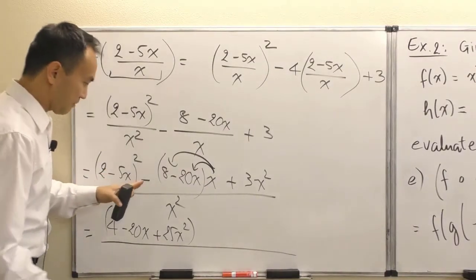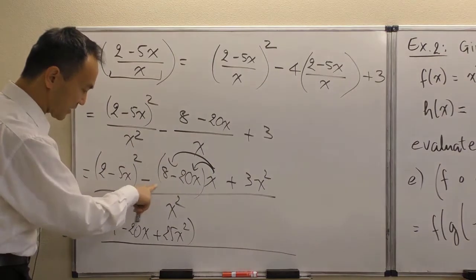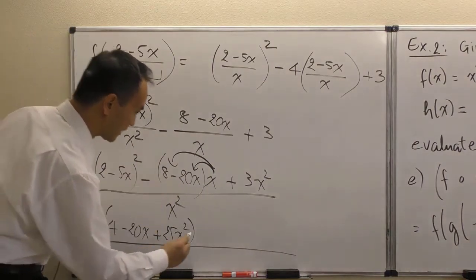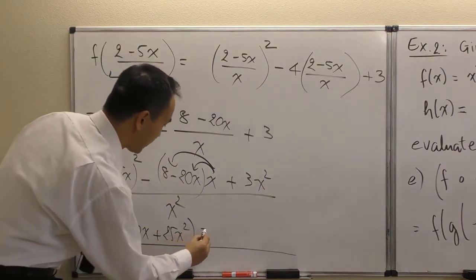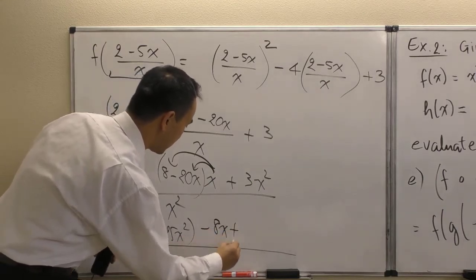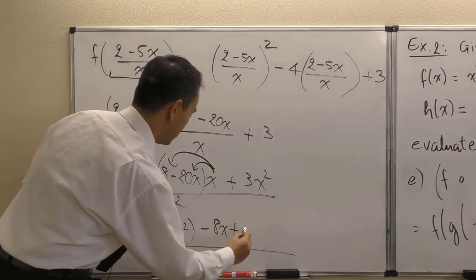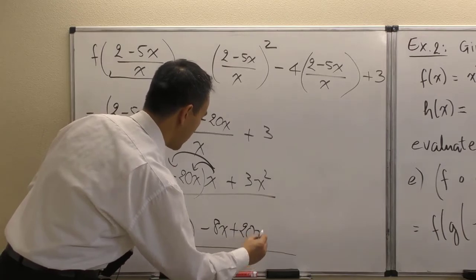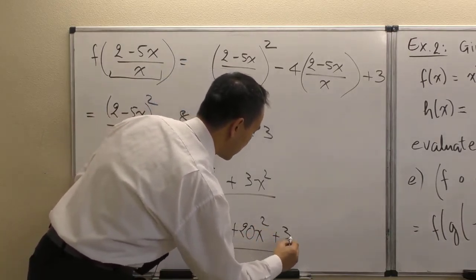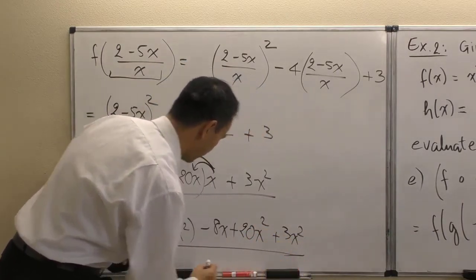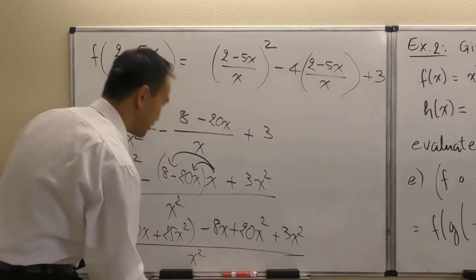Now I'm going to multiply the x and at the same time distribute out that minus sign. So we're looking at minus 8x plus 20x squared, and then plus 3x squared, and all of that is over x squared.